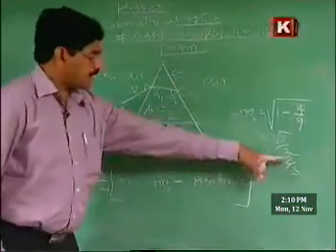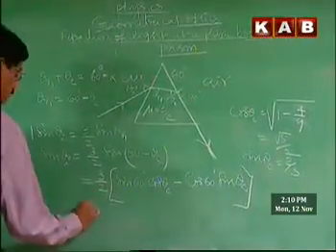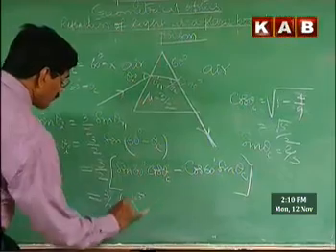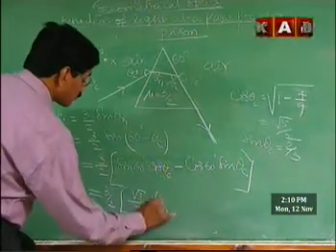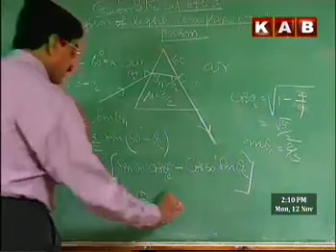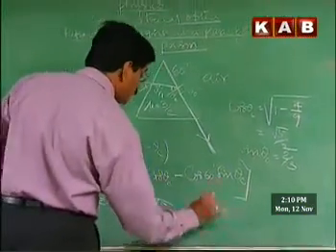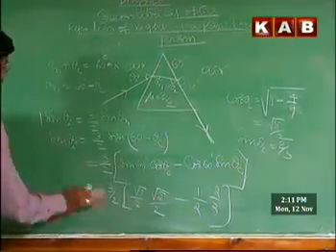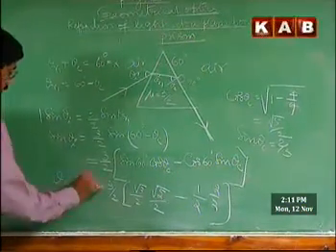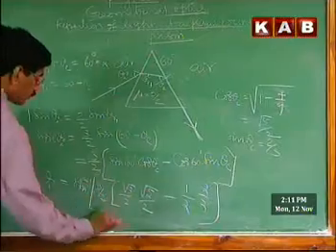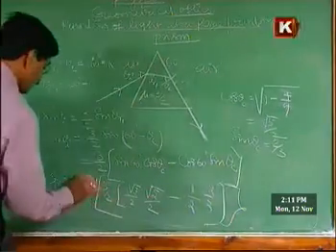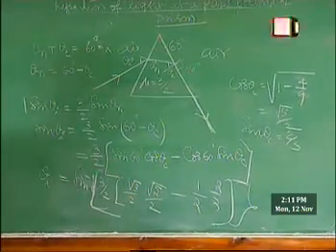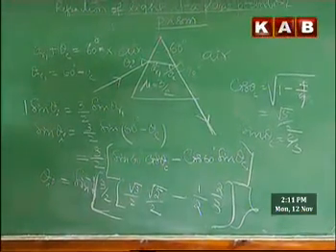We have obtained the cos theta c and sin theta c values, so substitute here: sin 60 degrees is root 3 by 2, cos theta c is root 5 by 3, minus cos 60 degrees is 1 by 2, sin theta c is 2 by 3. That gives sin theta i. Therefore, theta i is the sin inverse of the entire thing. By simplification and taking sin inverse, we will be able to calculate theta i.